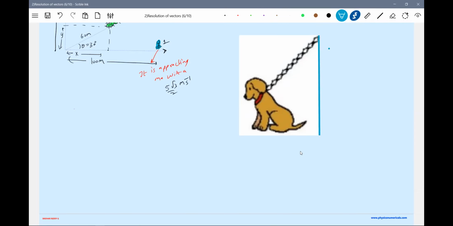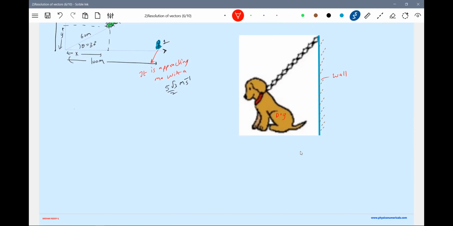I'll put a wall. This is the wall. Oh, something bad happened. The dog, what will it do? It will try to move away from the wall. Usually they don't keep quiet.